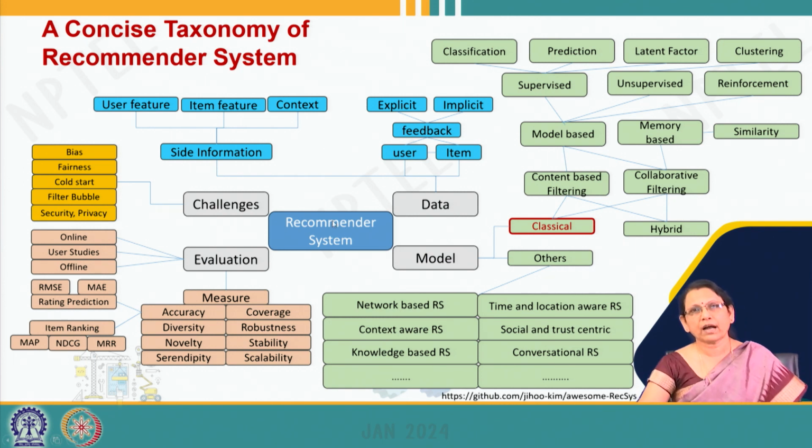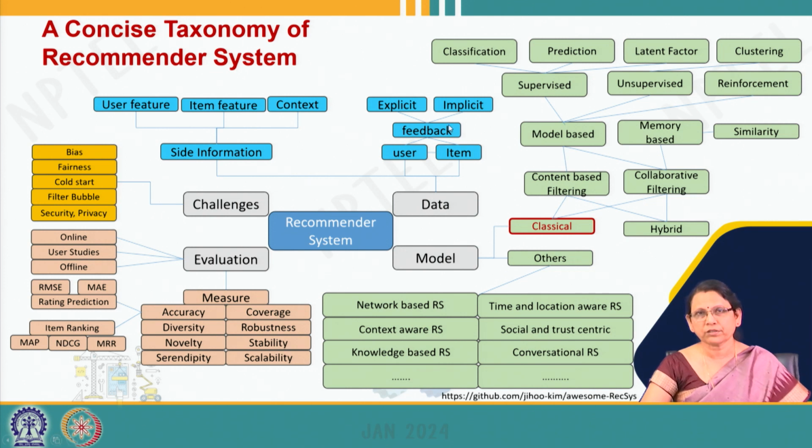If we look at the data first, this data can get generated in many ways. One is called the explicit way, another is called the implicit way. This explicit and implicit data basically relates to whether the user gives the feedback directly or indirectly.